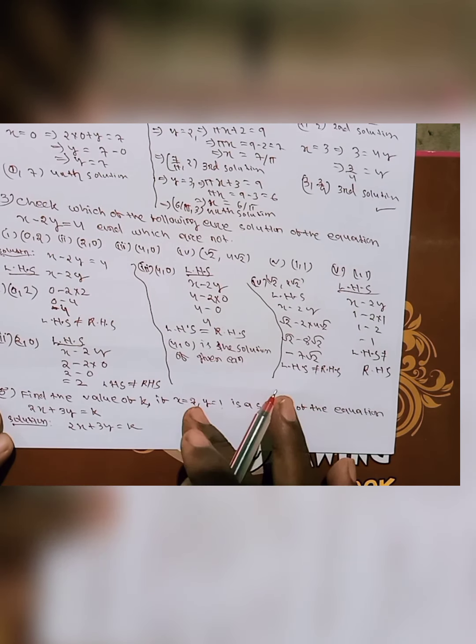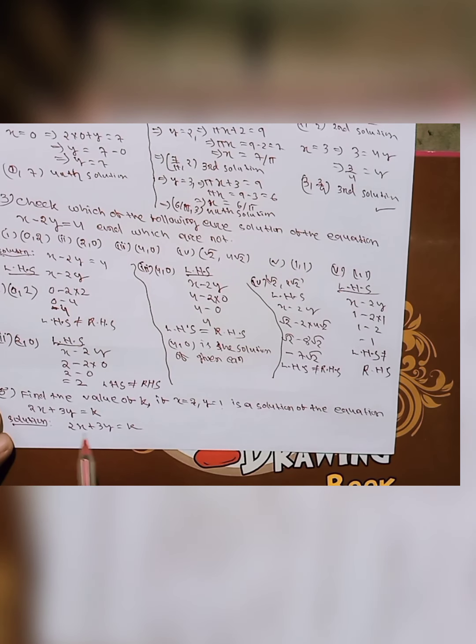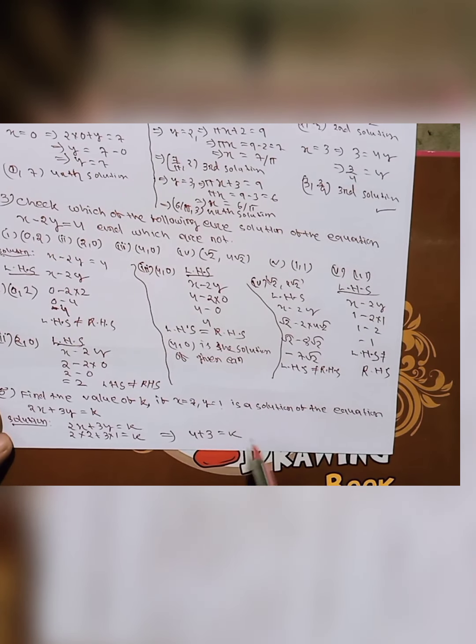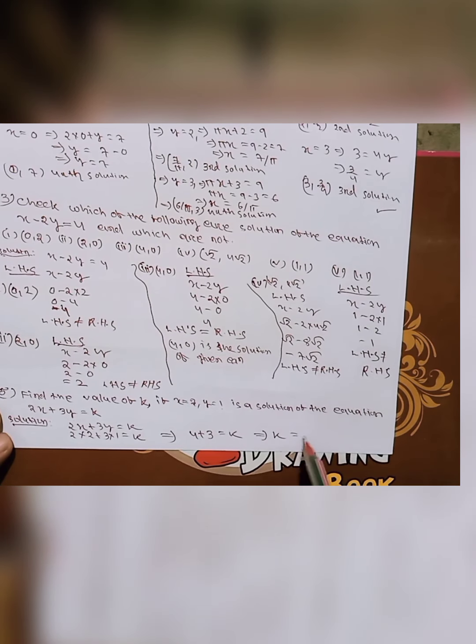Put the values of x and y in place of x and y. 2 into x value 2 plus 3 into y value 1 equal to k. This implies 2 into 2 is 4 plus 3 equal to k. This implies that k is equal to 7. Finish.